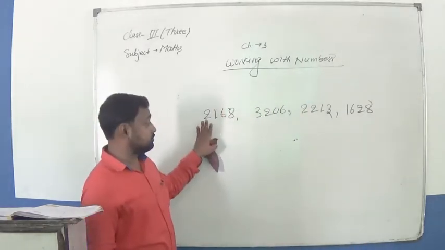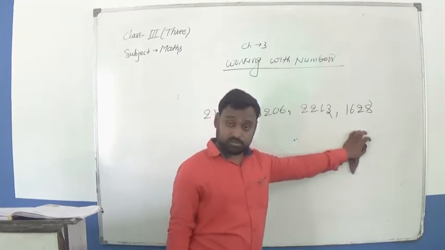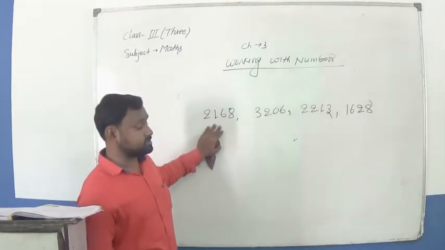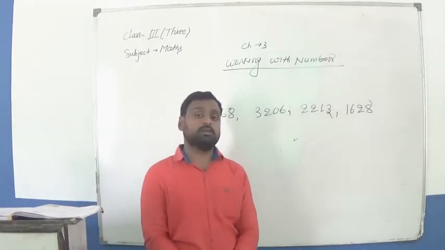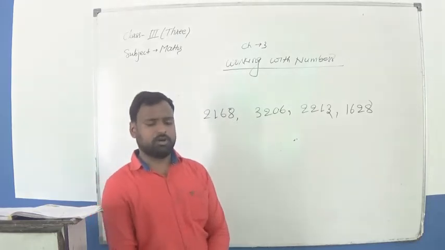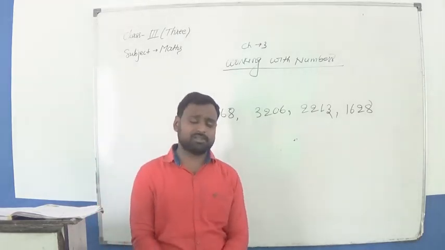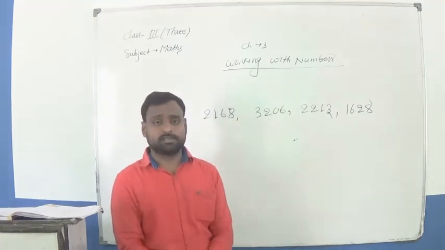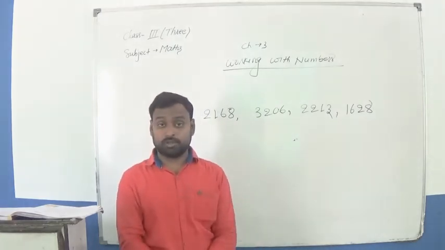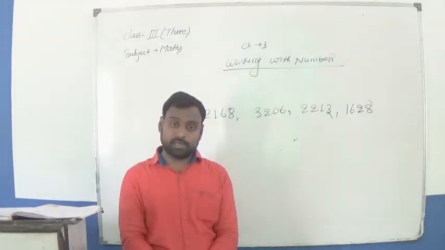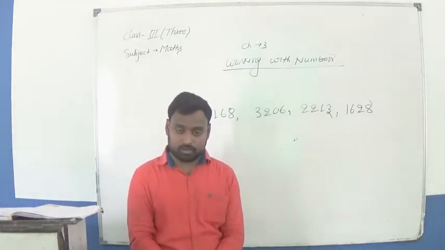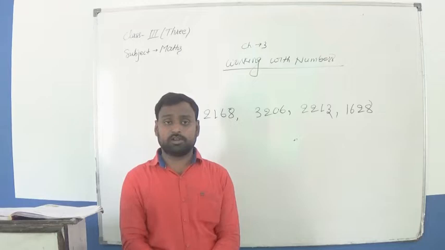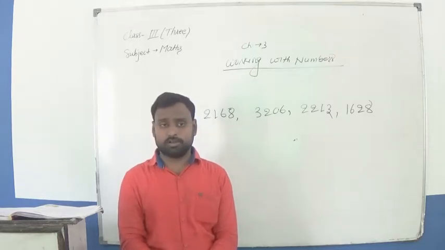You have to arrange these numbers in ascending order. When you know ascending order, just make it reverse and it will become descending order. So don't bother, both are the same, arranging in ascending order or arranging in descending order.